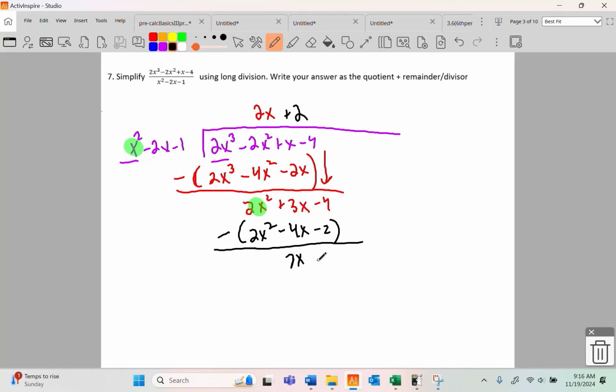Negative 4 take away a negative 2 is negative 2. And you're done, because you're not going to turn x squared into an x. It enters 0 times, or maybe x to the negative first times, which is beyond what we're doing right now. So our remainder is 7x minus 2 pieces of x squared minus 2x minus 1.